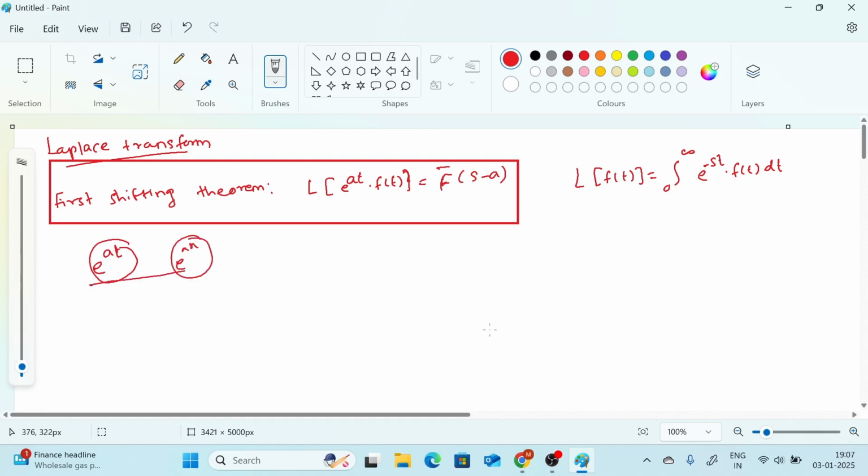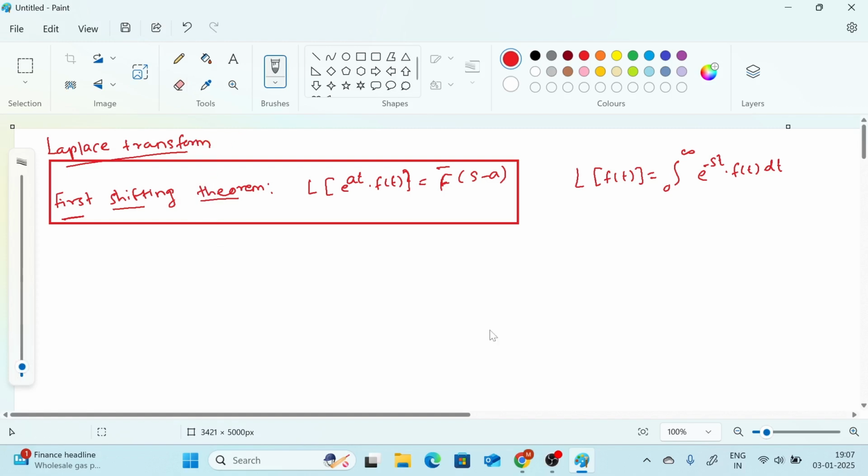If you see such a term in the equation or the function, then you must use the first shifting theorem. This is the one simple trick which you have to remember so that it will be easy for you to identify whether we have to use first shifting or not.